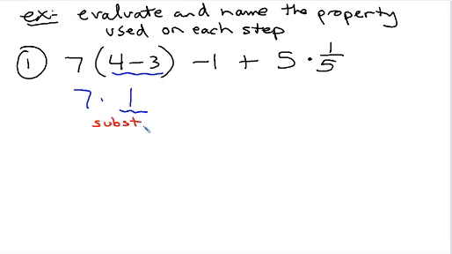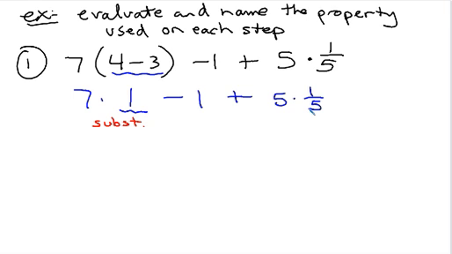Let's keep going with the problem. Minus 1 plus 5 times 1/5. That 5 times 1/5 looks familiar. We learned a property about that today, didn't we? 5 times 1/5 is 1.